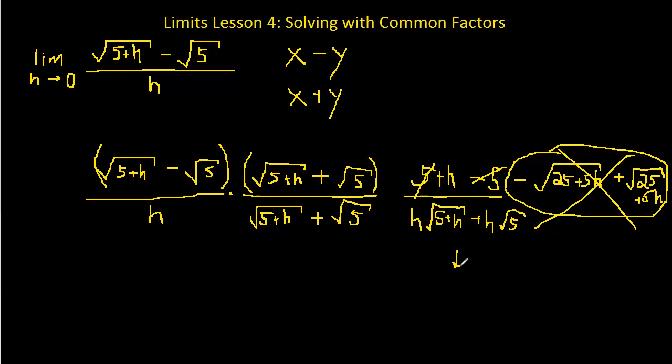We'll bring this down. H over h times 5 plus h, radical 5 plus h, plus h radical 5. Ooh, okay, so now we can see if we want our limit as h goes to 0.